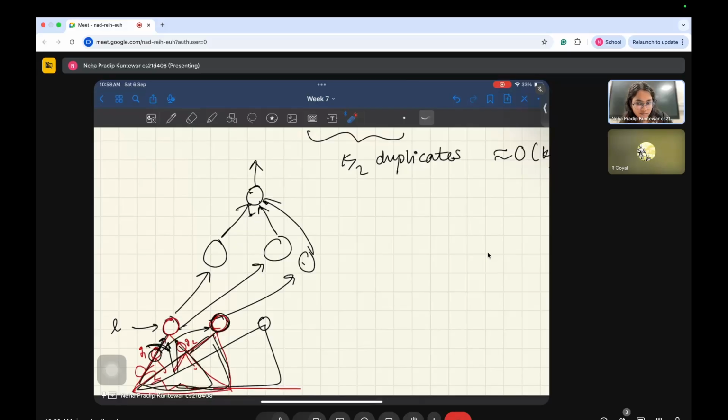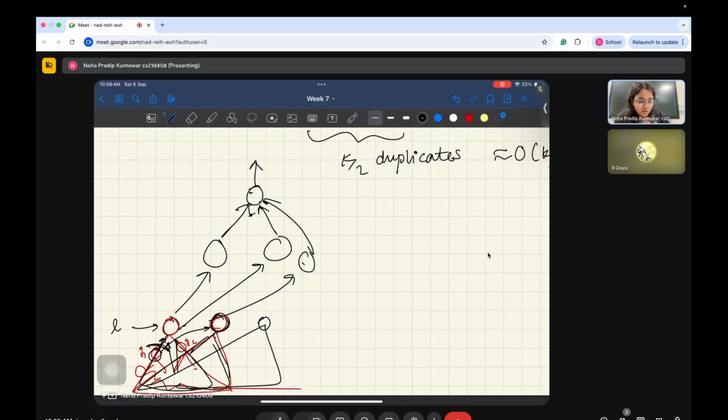Yes, so even though this huge increase is happening, it's becoming fat in that sense. There will be a lot of extra dummy gates in every level, but it will not increase the depth even by one.